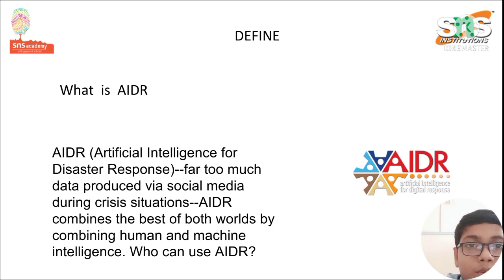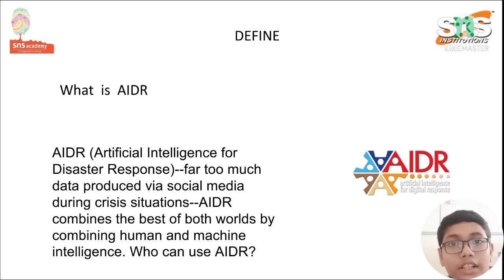So these tweets are challenging for humans to manage on their own. In addition, the data is too rich and complex for machines to successfully process. So this is where AIDR combines both humans and machines to successfully process the data.